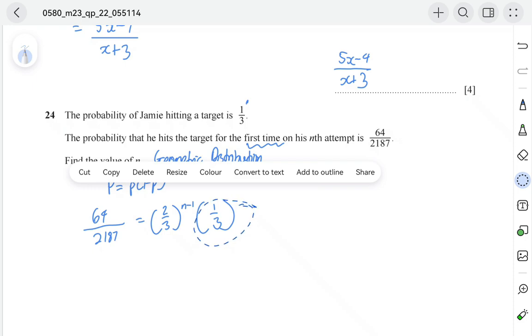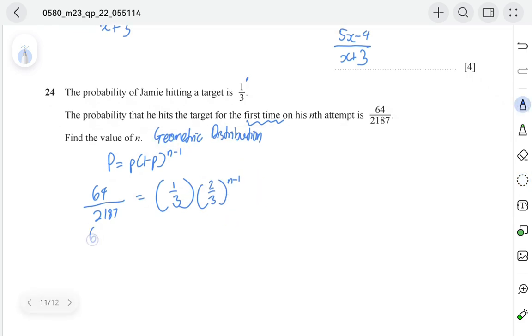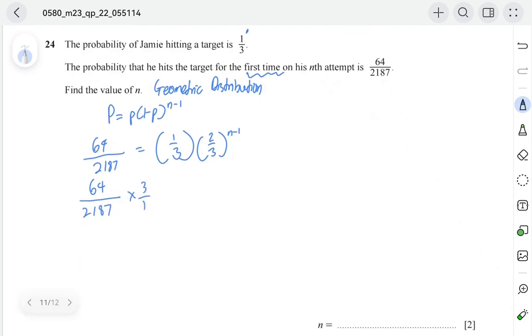Almost the other way around to fit the formula. We can move 1 over 3 to the other side, so it becomes 64 over 729 equals 2 over 3 to the n minus 1.